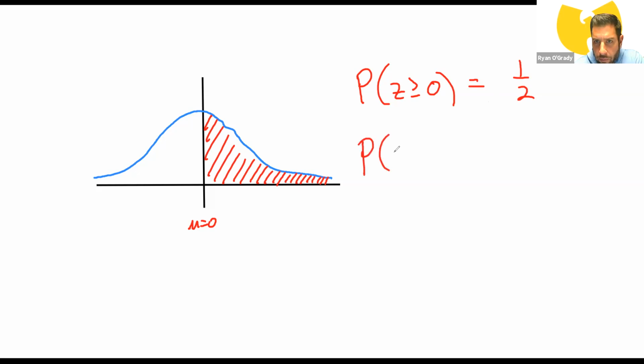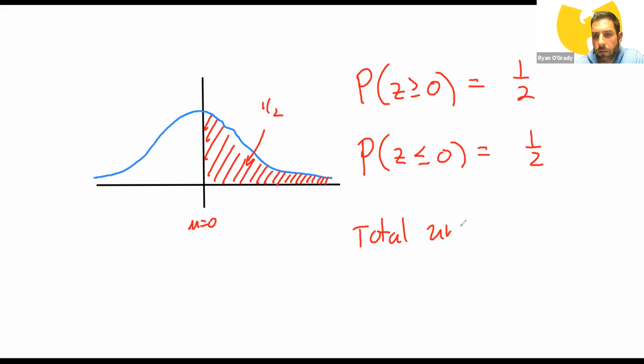This area right here is 1/2. The probability that Z is less than or equal to 0 is also 1/2. And the total under the whole curve is equal to 1, as we expect, because total probability has to be 1.